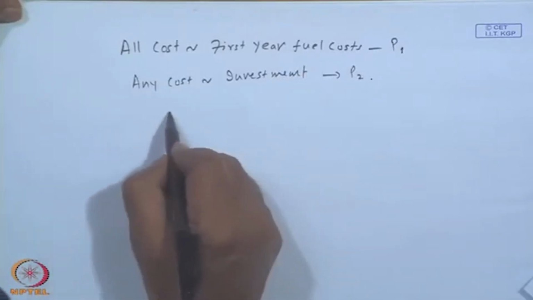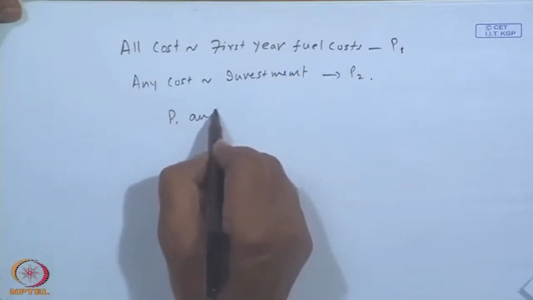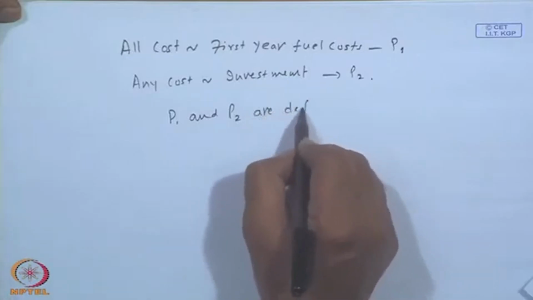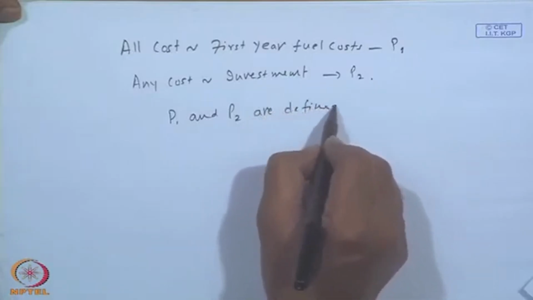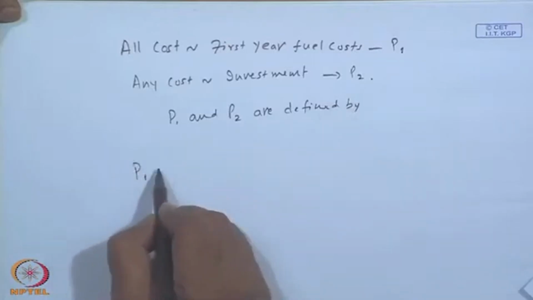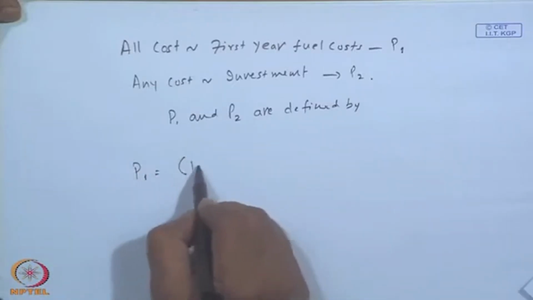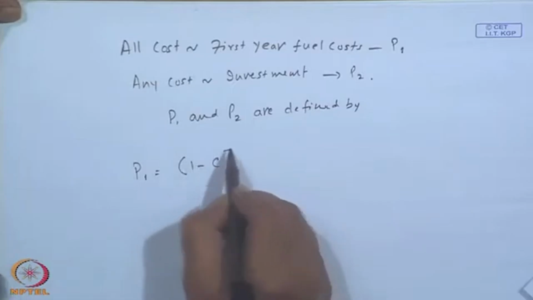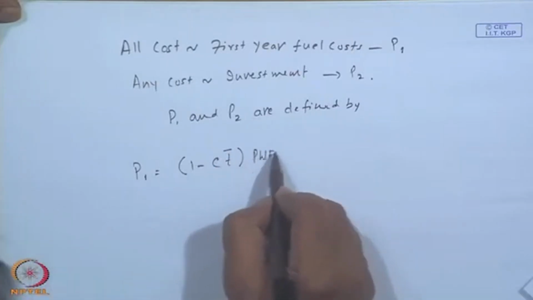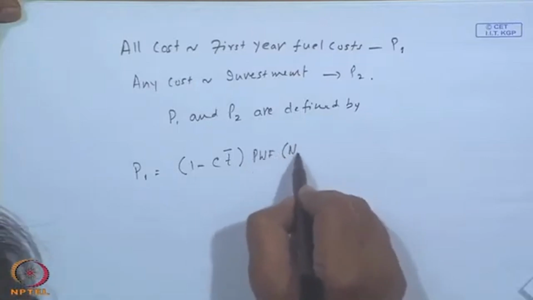and P1 and P2 are defined by P1 is equal to (1 minus C T bar) times PWF (N, E, I, D).